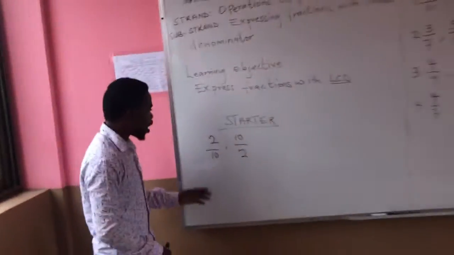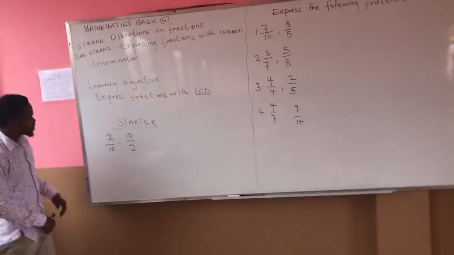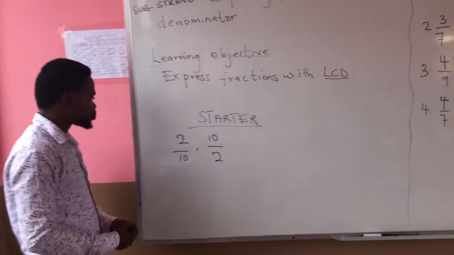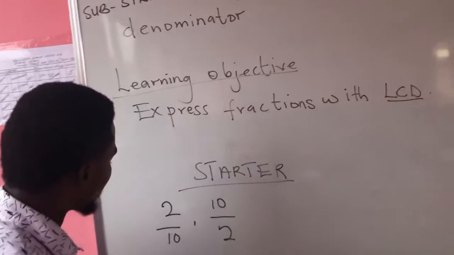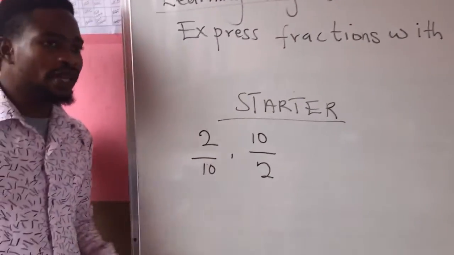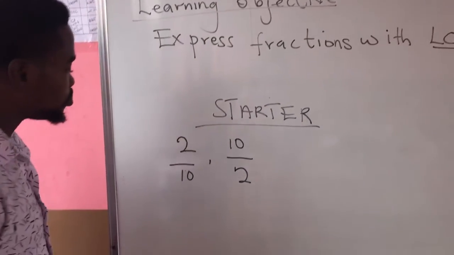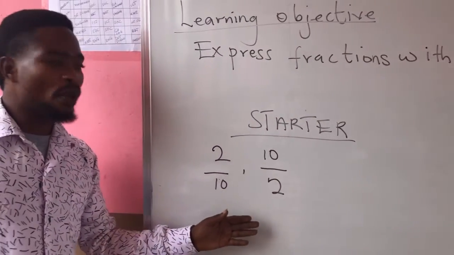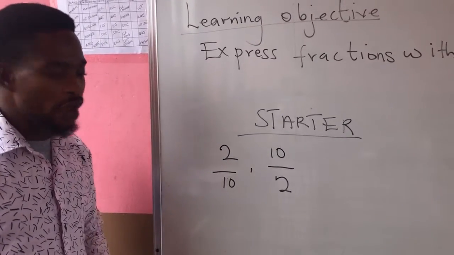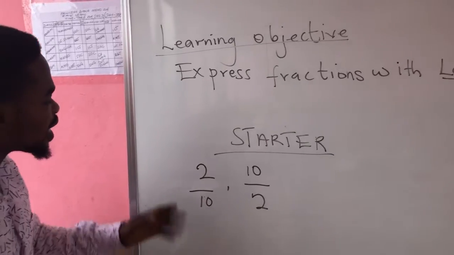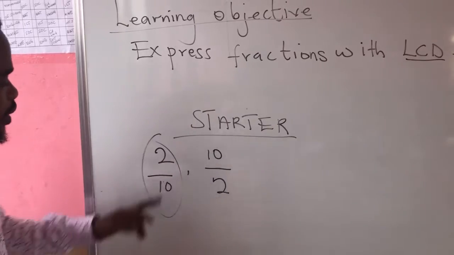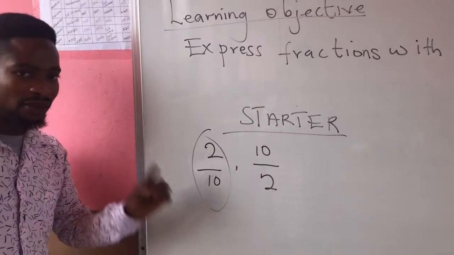Now let us look at our starter here and consider some few things that will help us to understand today's mathematics. In our previous lesson, I told you that anytime you see a fraction, you have to know whether the fraction is proper or improper. The first one is a proper fraction, because the numerator is lesser than the denominator.